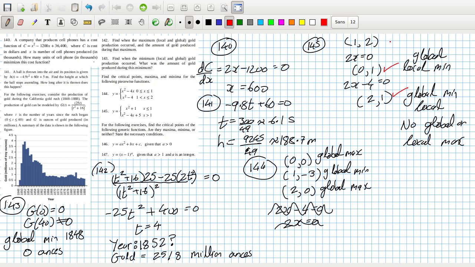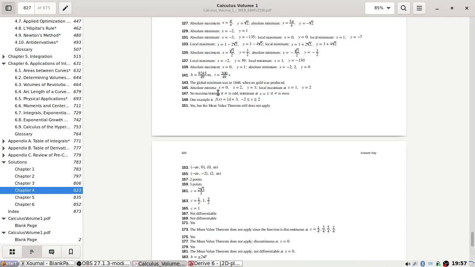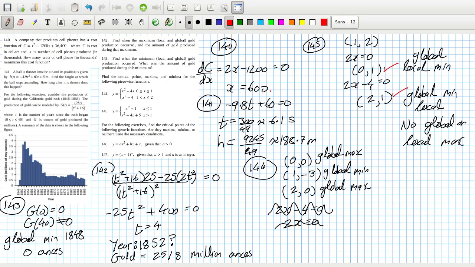No, it's not. 145. Local max at 1, 2. A global max at 1. A local max at 1, 2.